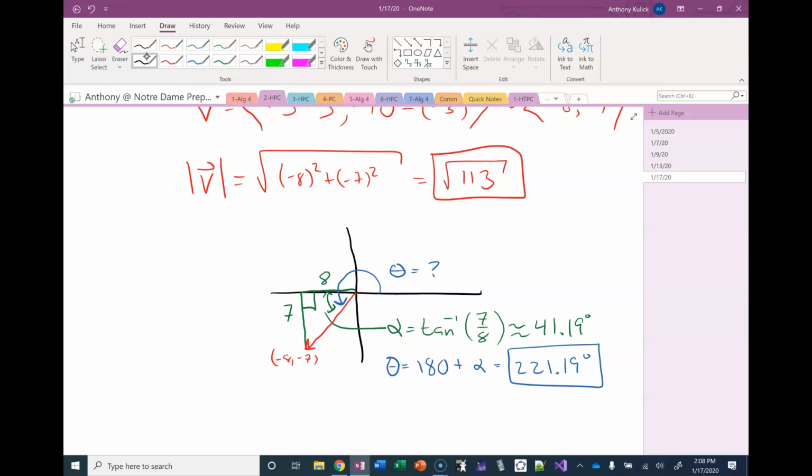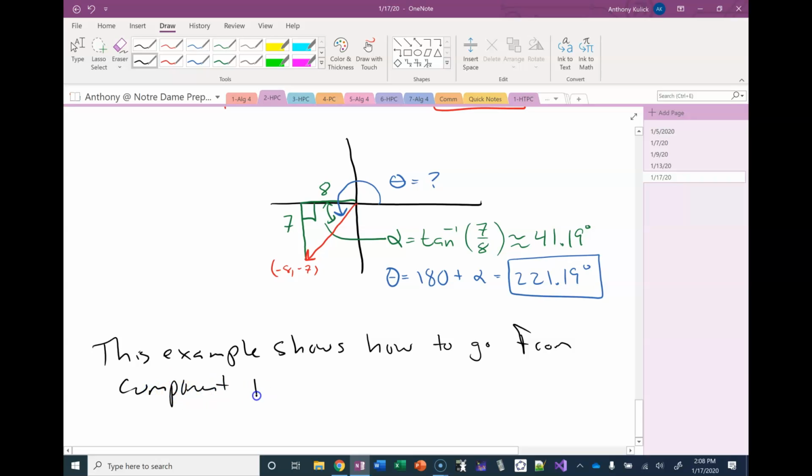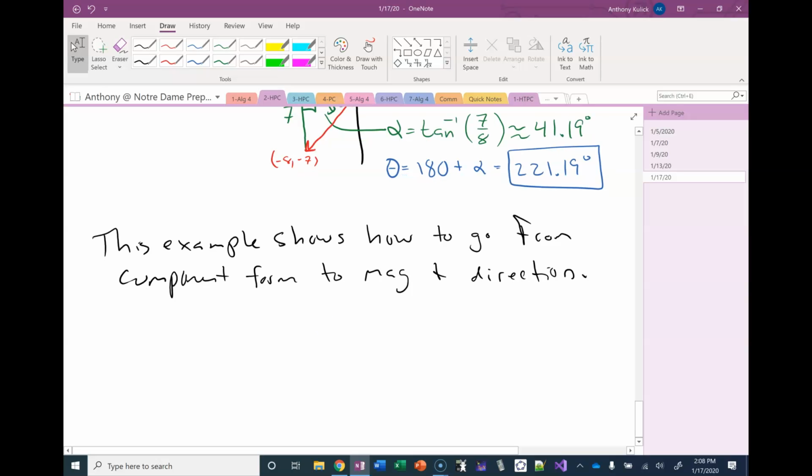That's what this example shows us. How do we go the reverse?